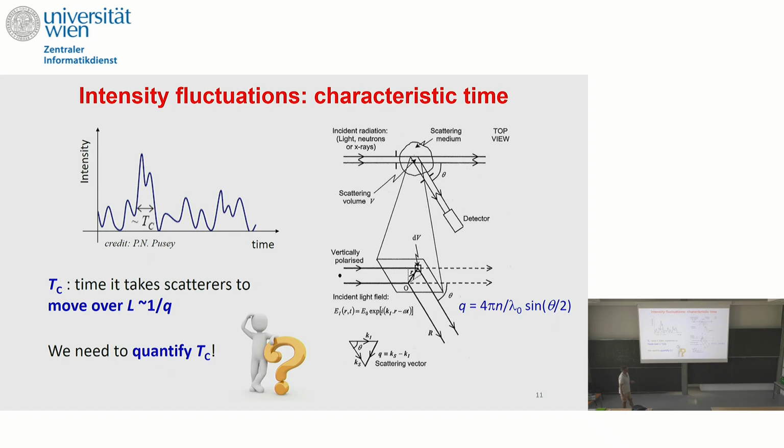The scattering vector is called a scattering vector because it is actually a vector. Yes? No. This is called quasi-elastic scattering. If it was strictly elastic, it would mean that particles would be completely frozen.